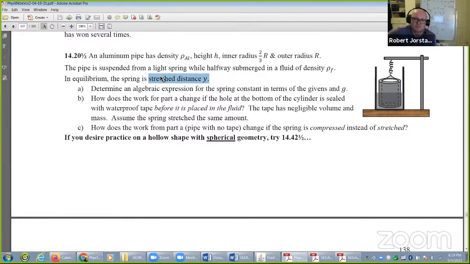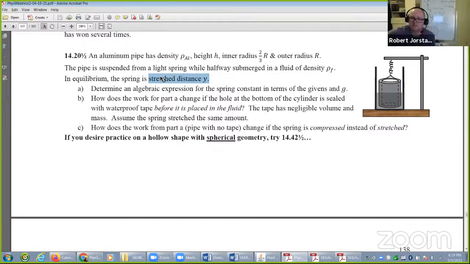Okay, so I'm assuming it's still basically the exact same picture, but let's say you're told the spring is compressed. It's still in equilibrium, but it's compressed distance Y. I think that was Jesse. What were you saying? I was saying how the volume would be displaced, but it's going to be the same still.